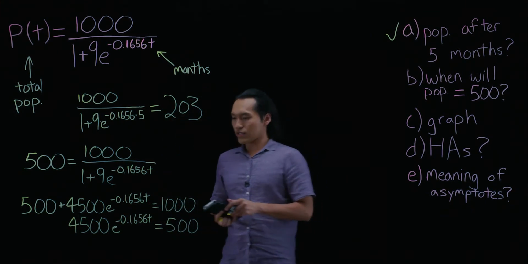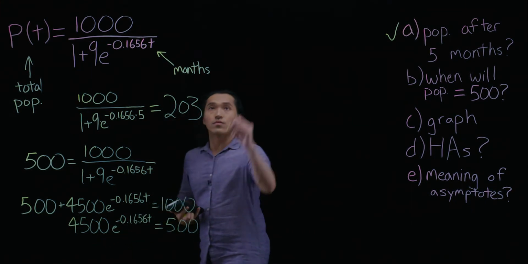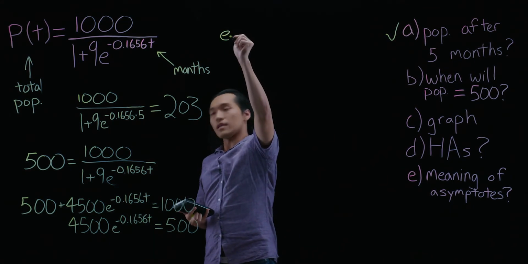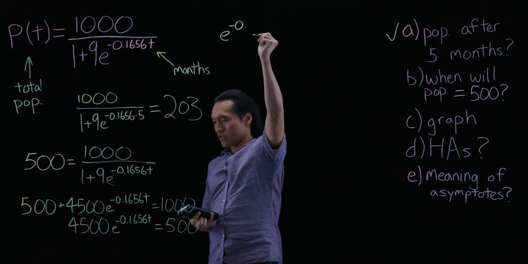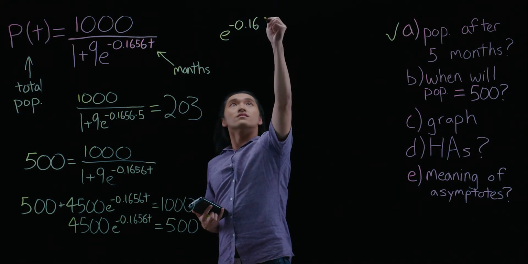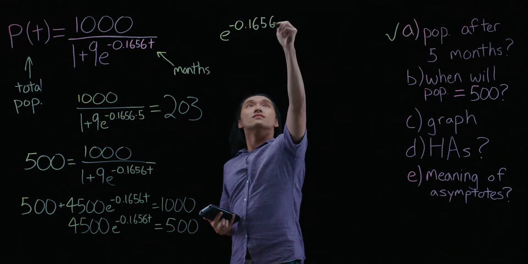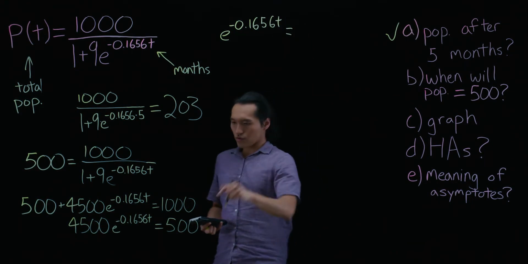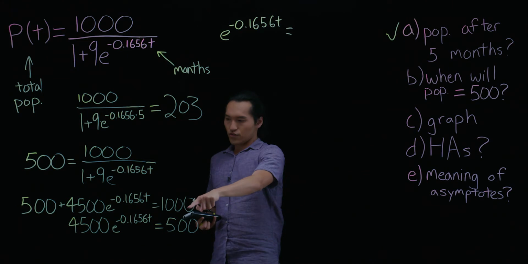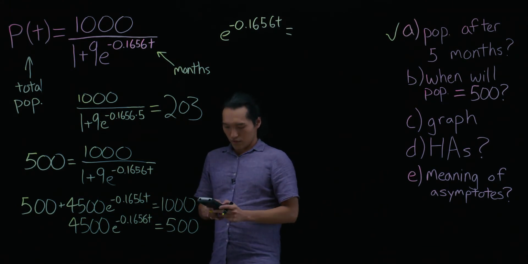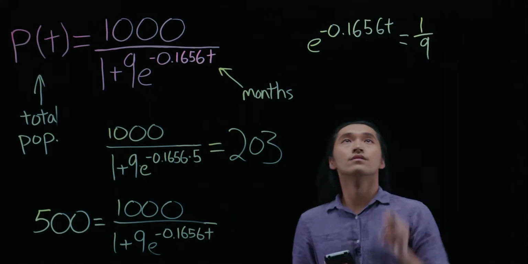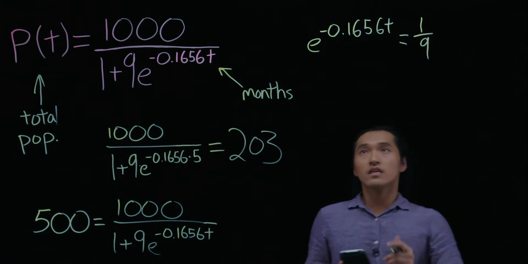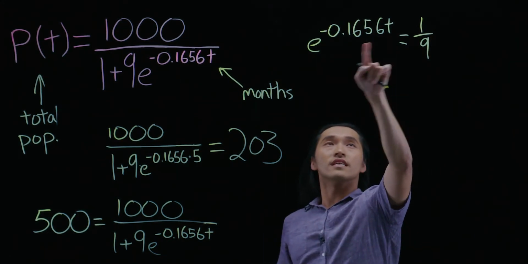If we divide both sides by this number, we're going to get e to the power of negative 0.1656t is equal to 500 divided by 4,500, that is going to be 1/9. Cool. And so now we can solve for this t a few different ways.